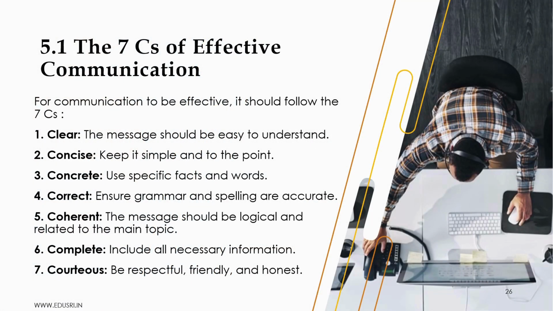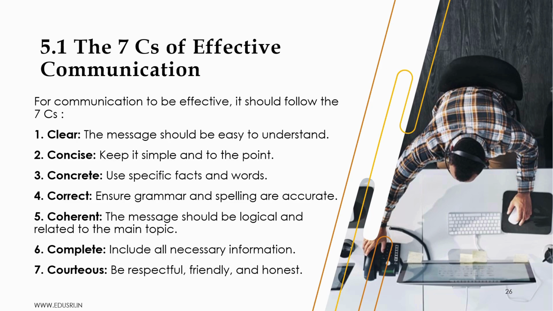For communication to be truly effective, it should follow the 7 C's. First, the message must be clear, so it is easy to understand. Second, it should be concise, simple, and to the point. Third, the message should be concrete, using specific facts and clear words.